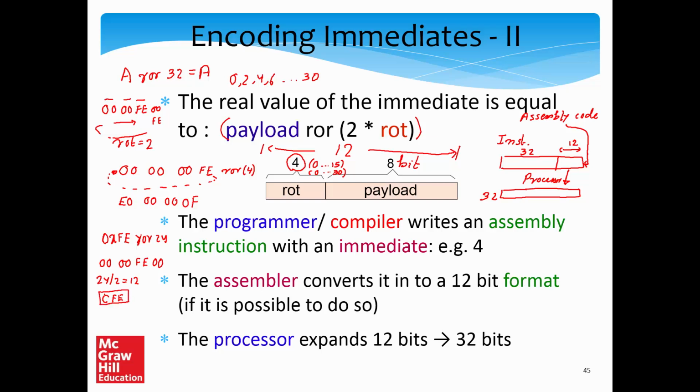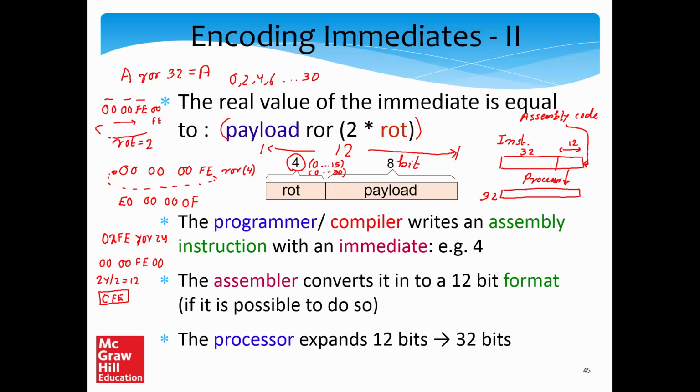As we can see, the notion of immediates is slightly tricky in ARM. It is actually not very simple. But in any case, it is definitely possible to encode a lot of numbers with this. When the programmer or the compiler writes an assembly instruction with an immediate, for example 4, the job of the assembler is to convert it to a 12-bit format if it is possible to do so.